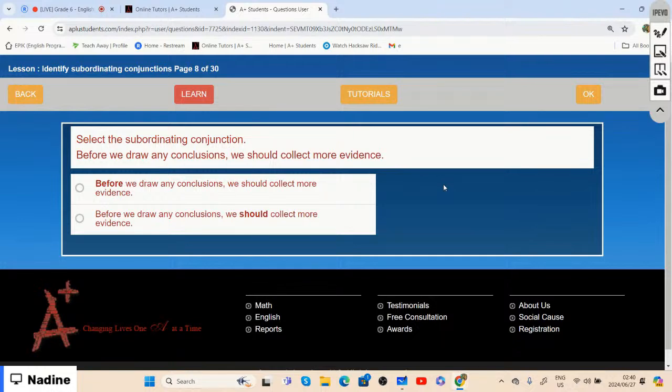And if we were to select the subordinating conjunction within that sentence, before we draw any conclusions, we should collect more evidence, we would go with before, right?